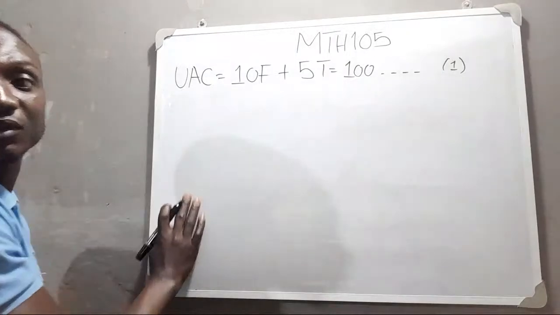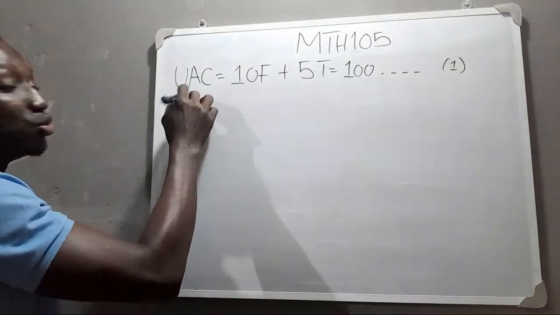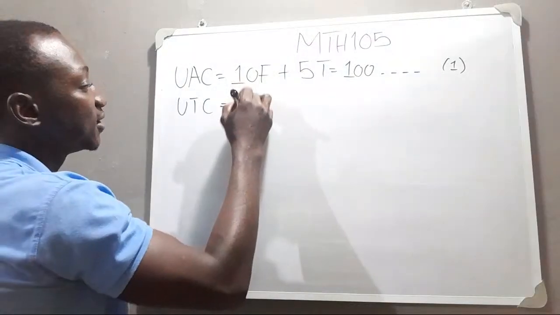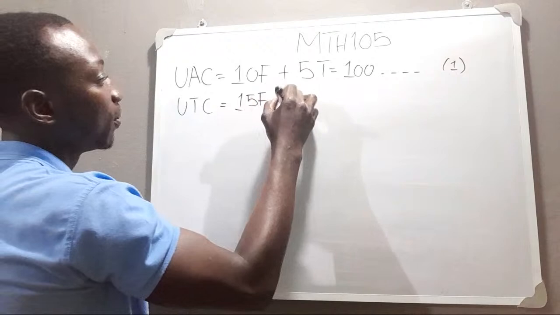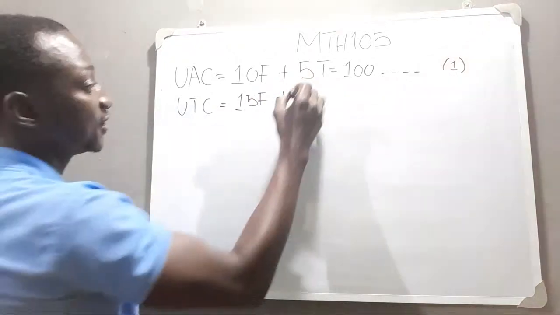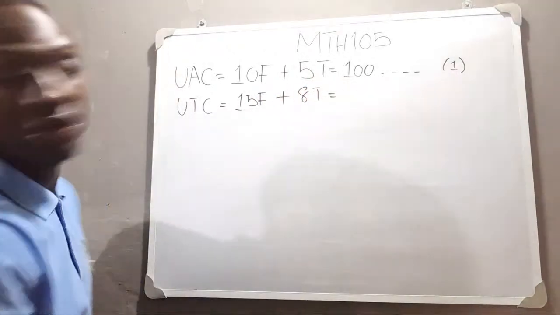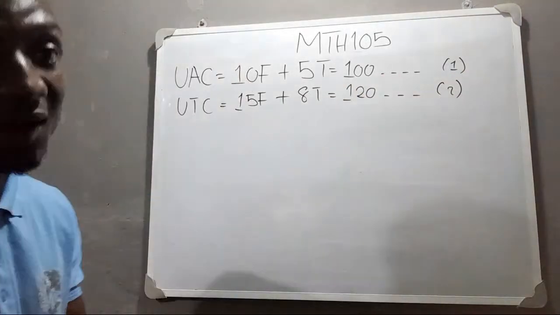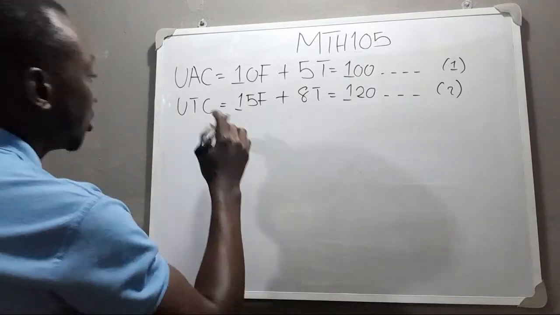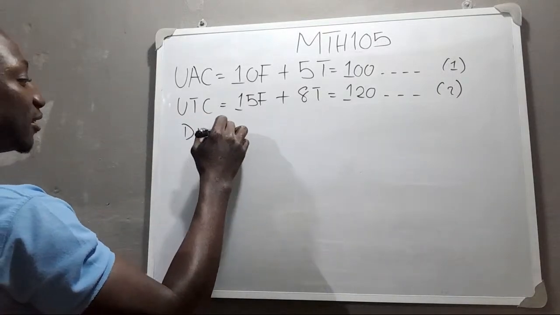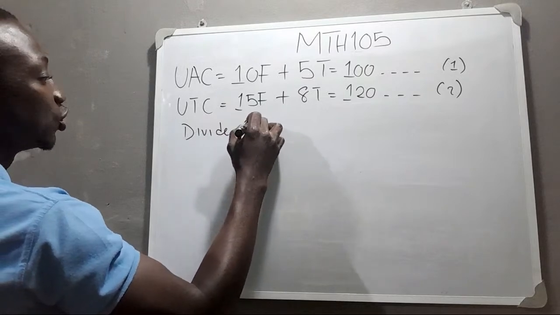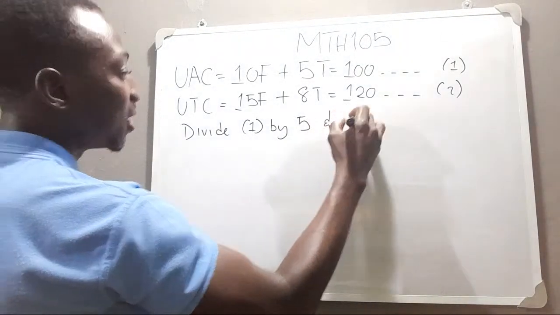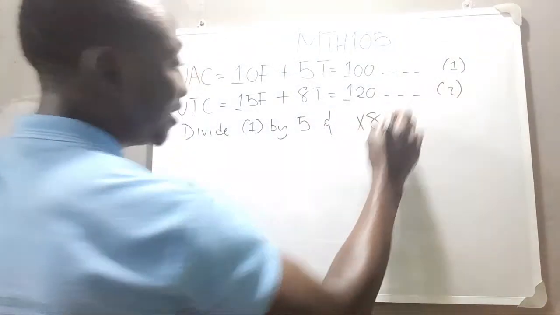Then we have UCC equals 15 bags of flour plus 8 tins of butter equals 120. That's our equation 2. So now we say divide equation 1 by 5 and multiply it by 8.